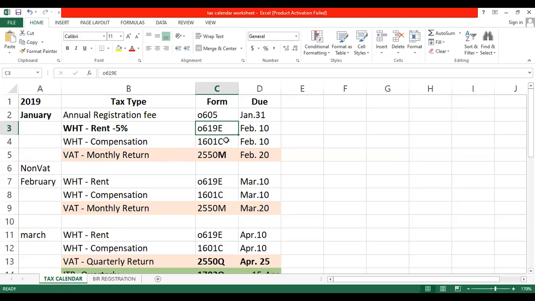Now, when is the due date? For the rent of January, the due date would be on or before February 10. Again, what happens if you don't pay on or before February 10? Surcharge, interest, compromise fee, aside from the 5,000. Now, why is it that the government required lessees to withhold 5%? It works both ways.